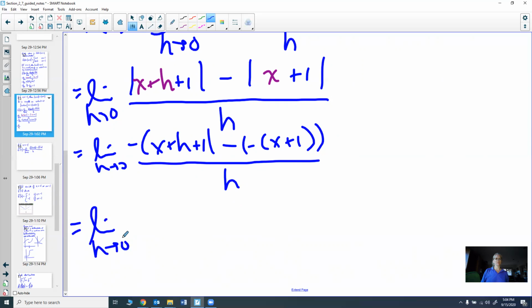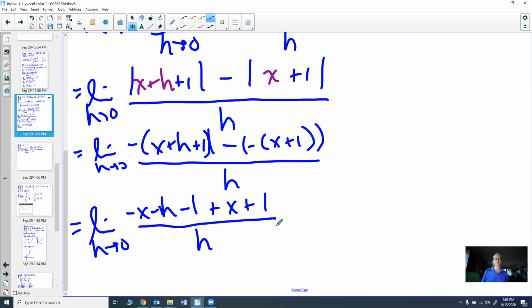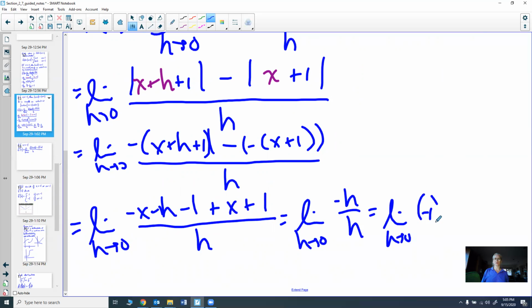So the limit as h goes to 0, taking the negative sign through, is going to be negative x minus h minus 1. Minus and a minus is plus, so it's going to be plus x plus 1, all over h. Again, this is the limit as h goes to 0 of negative h over h, which is the limit as h goes to 0 of -1.